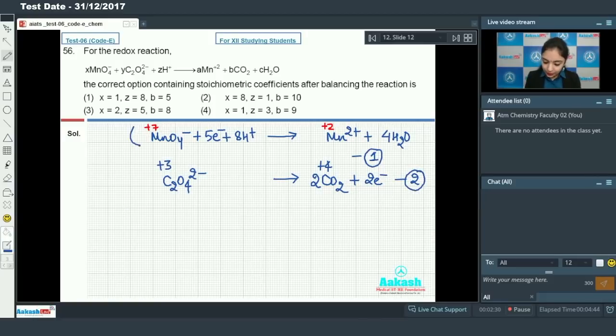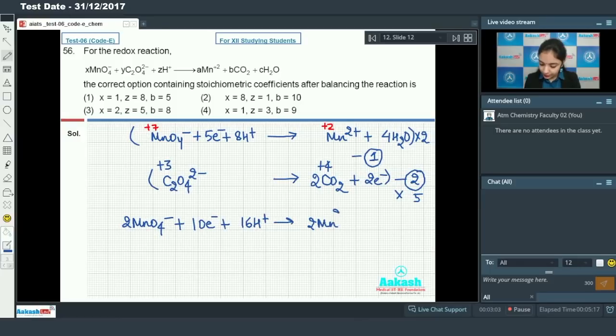Now multiply the first equation by 2 and multiply the second equation by 5. So the equation will become 2MnO4 negative plus 10 electrons plus 16H plus giving 2Mn2 plus and 8 water molecules.